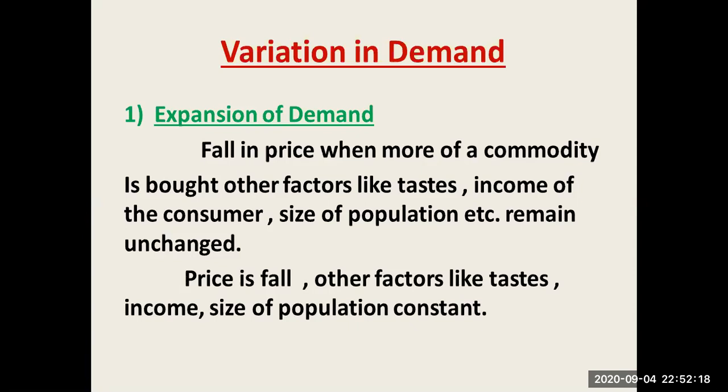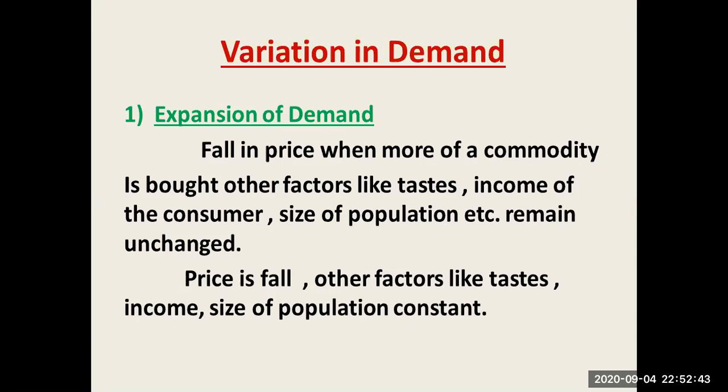At that time we increase, or rise, or expand our demand, because of the fall in price. We already discussed this situation in the last few videos, in concepts like the law of demand, where we also discussed the impact of price on demand.